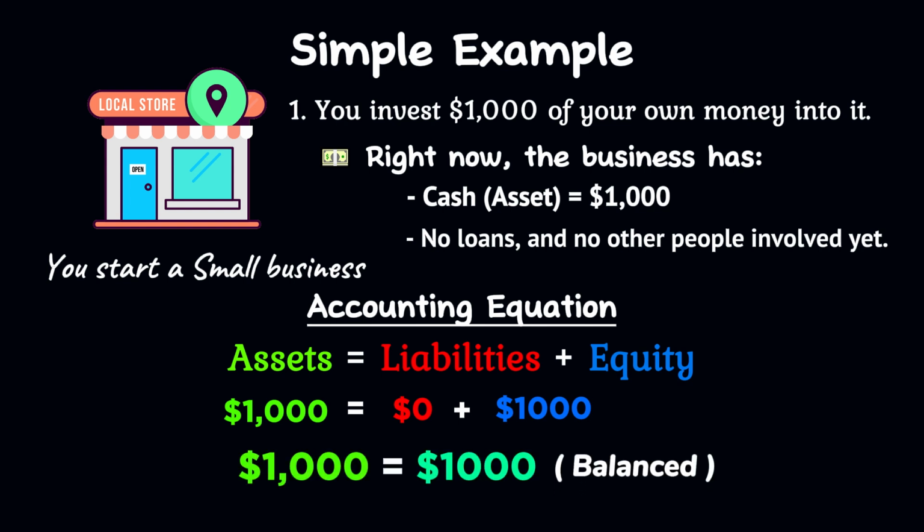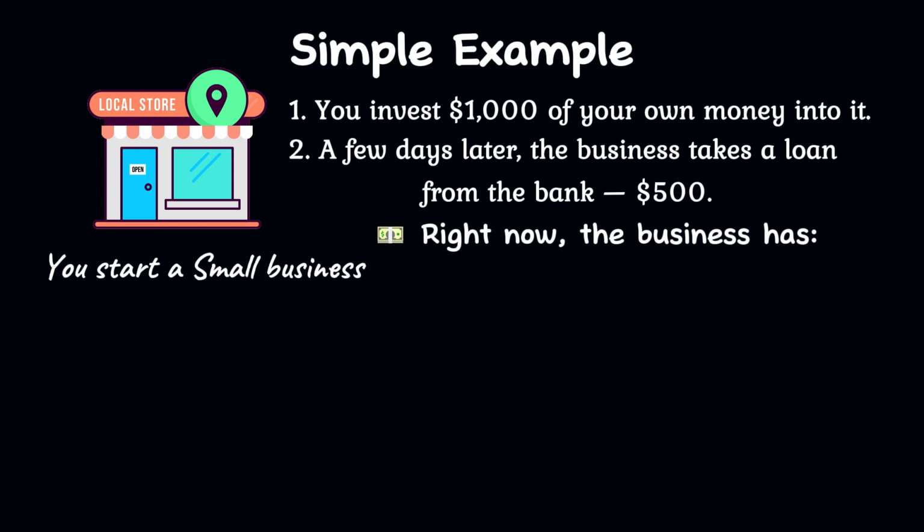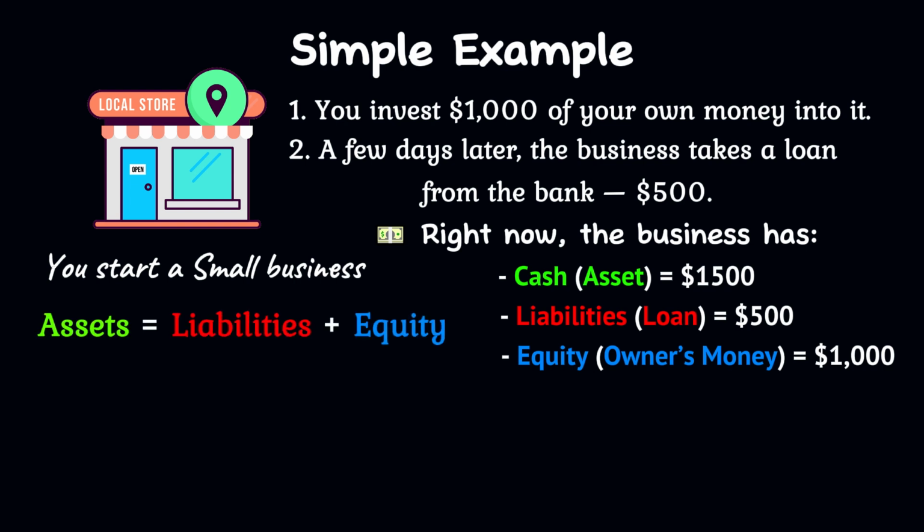So that's your equity. Now let's say a few days later, the business takes a loan from a bank, $500 in cash. The business now has $1,500 in cash, liability of $500, and equity of $1,000, which is the owner's equity. So the equation is still balanced, right?